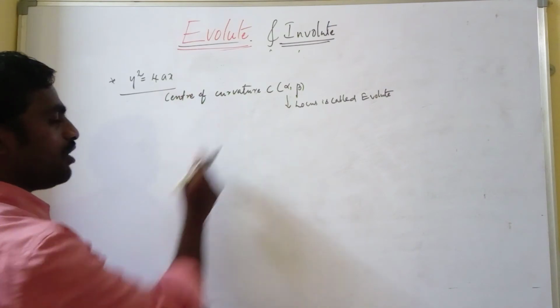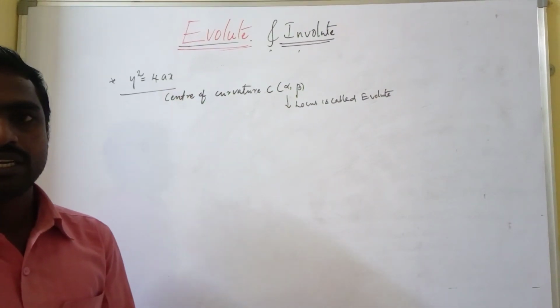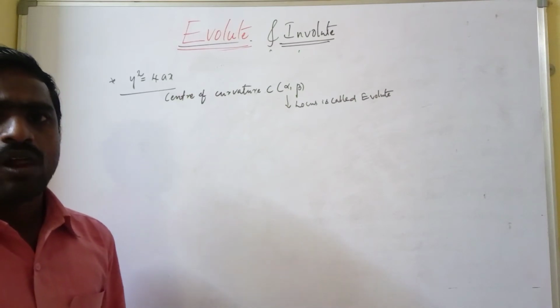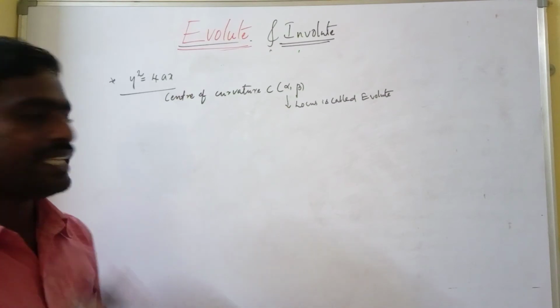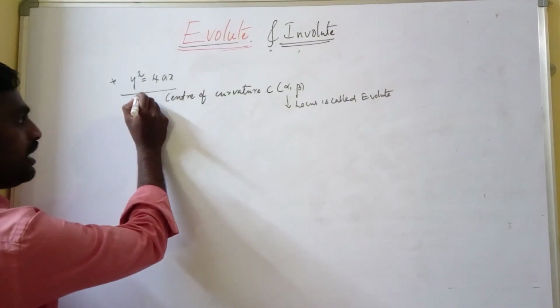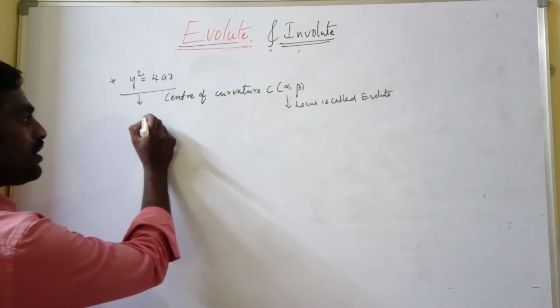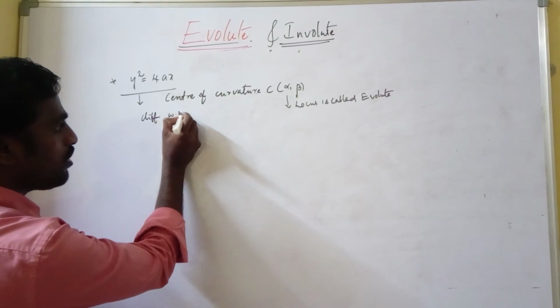Alpha equal to x minus y dash by y double dash into 1 plus y dash square. Similarly, beta equal to y plus 1 plus y dash power 2 by the second order derivative. So we need to determine the first order and second order derivatives. The first order derivative means differentiate with respect to x.